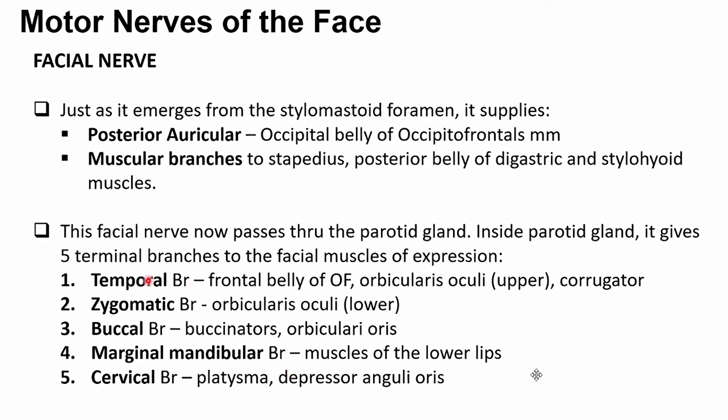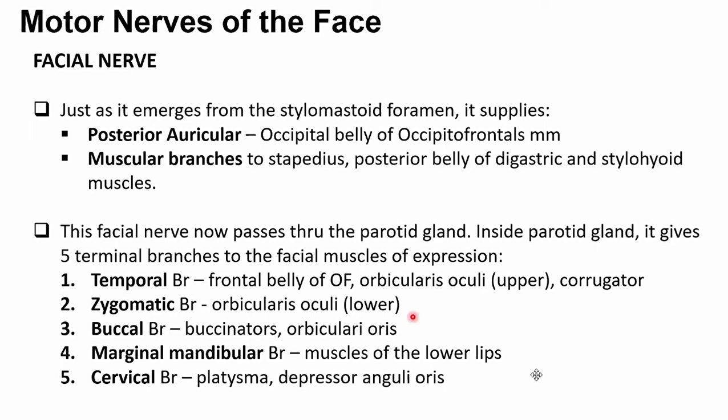And the 5 are temporal branch. As we know, this supplies the frontal belly of occipitofrontalis, the one that raises your eyebrows. That's a surprise, that raises your eyebrows. The temporal branch also supplies the orbicularis oculi, of course the upper part lang, and the corrugator.